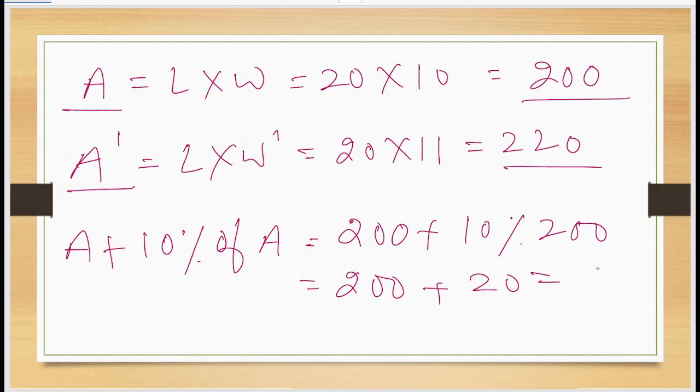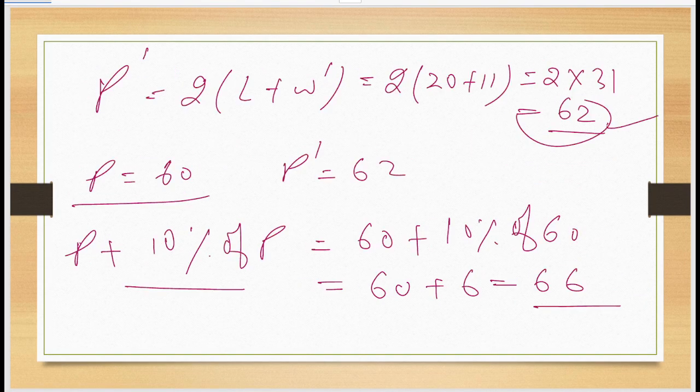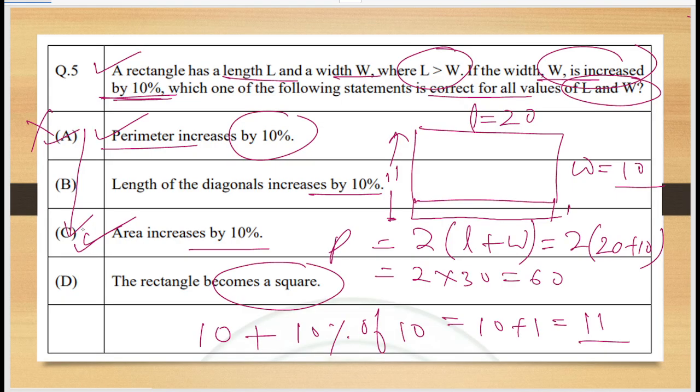So this will become 220, right? So see here, what we are getting is 220, and this is also 220. That means this is the same value. So we can conclude this is the correct one, right? We are getting the relation exactly as the question says. So this is your correct option, right?